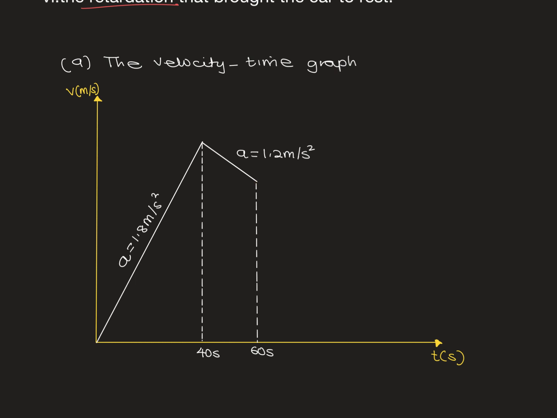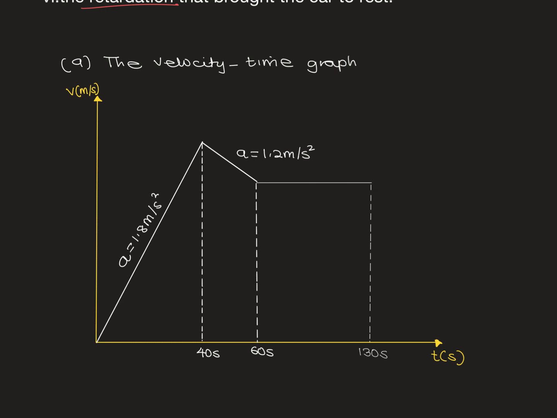The car maintains that constant speed for 70 seconds. So we're going to indicate that with a horizontal line. If we add that to the 60 seconds, that will be 130 seconds.